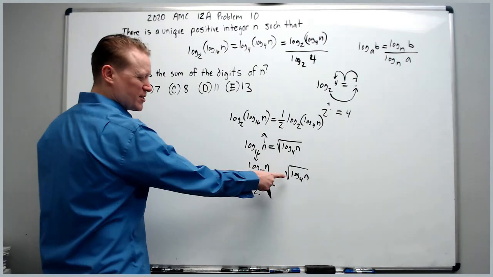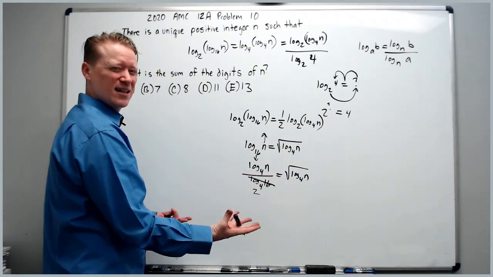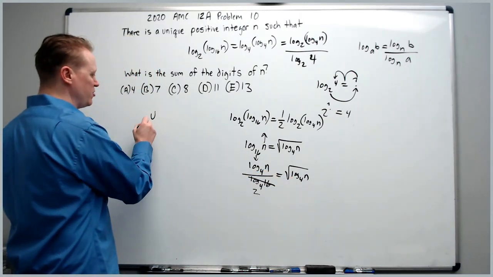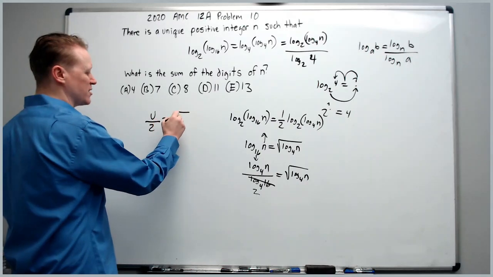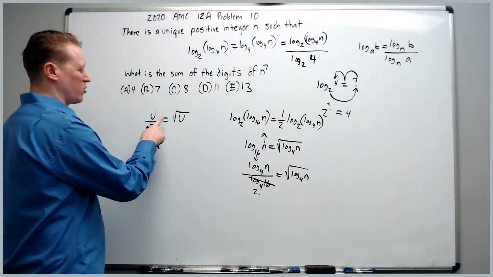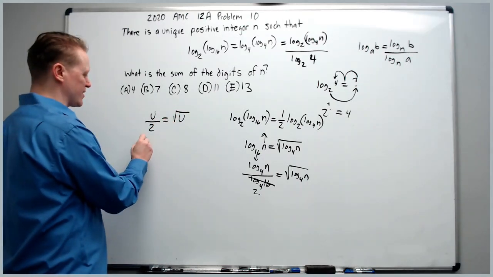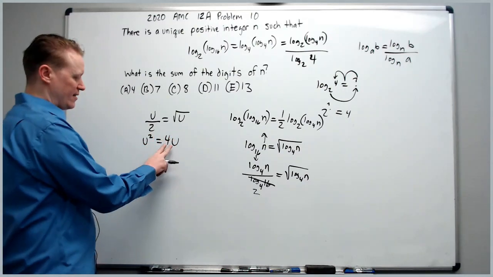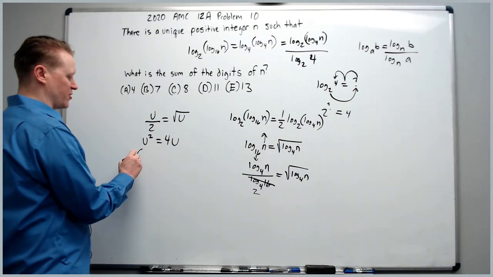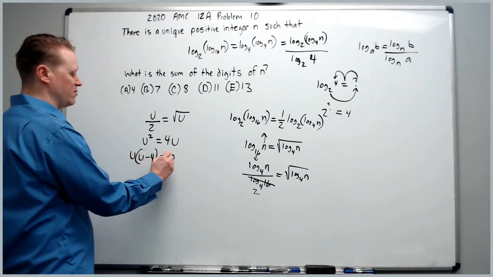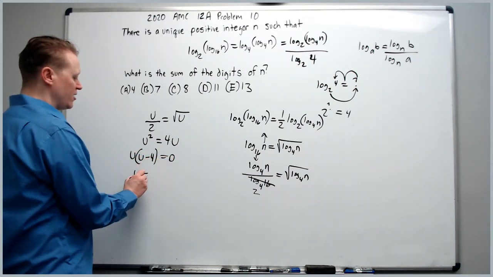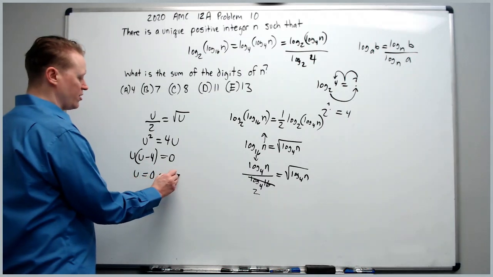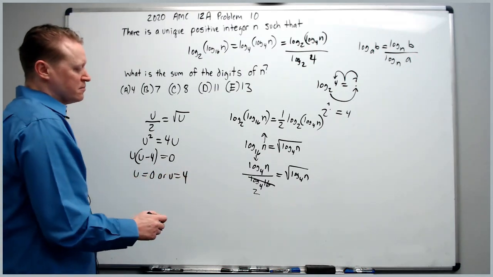We can now substitute something so we can think about this. Let's put u. It'll be u over 2 equals the square root of u. We'll cross multiply and square both sides. U squared equals 4u. Then subtract 4u and factor out a u to get u times u minus 4 equals 0.